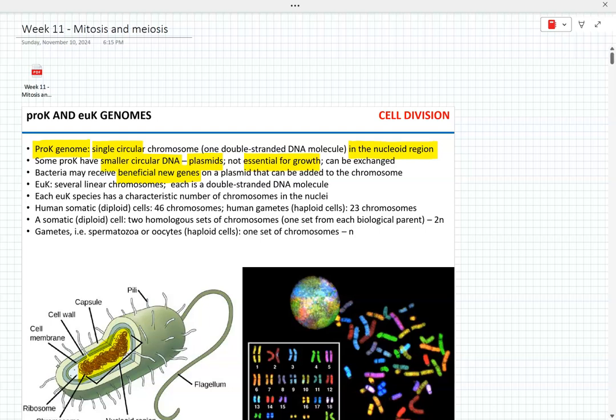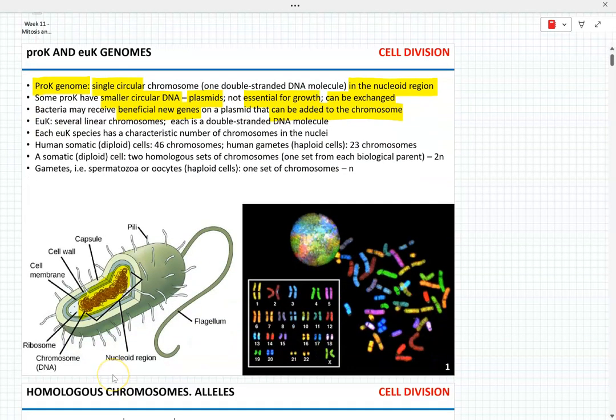Plasmids can be exchanged between bacterial cells, and the genes that bacteria will receive may or may not be added to the chromosome, but they will essentially confer some new traits to the bacterial cell that received the plasmid.